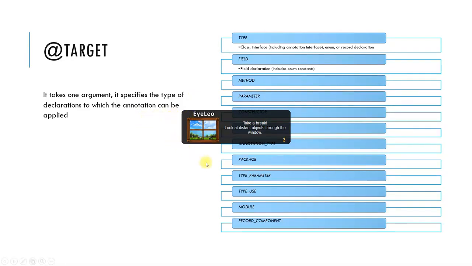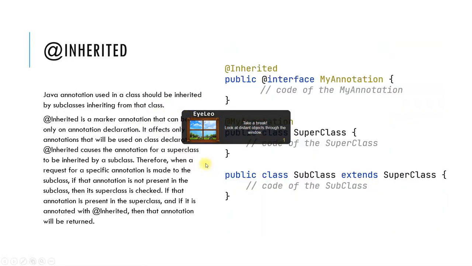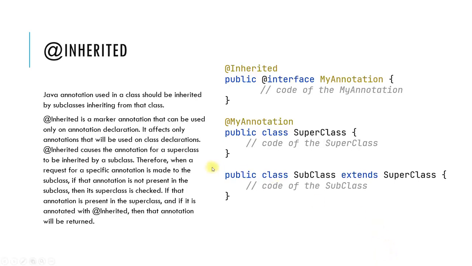Also, we have inherited annotation. Inherited annotation means that when we inherit this class, for example, when we extend the superclass where this annotation is applied, the child class gets this annotation automatically. It just inherits automatically.